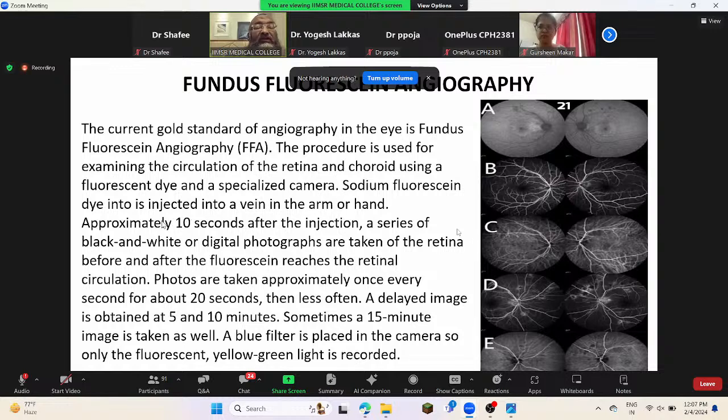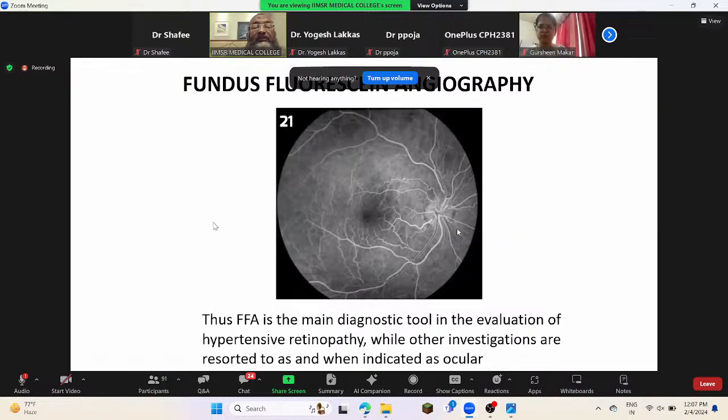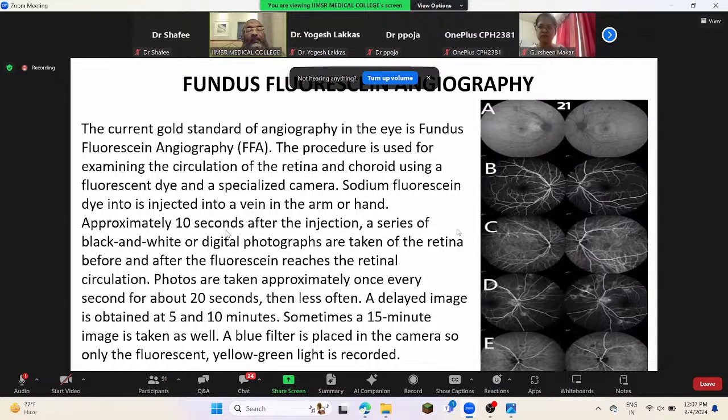Sodium fluorescein dye is injected into a vein in the arm or hand, and approximately 10 seconds after the injection, a series of black and white or digital photographs are taken of the retina before and after the fluorescence reaches the retinal circulation. Photos are taken approximately once every second for 20 seconds. Then less often, a delayed image is obtained at 5 and 10 minutes. Sometimes a 15-minute image is taken as well.